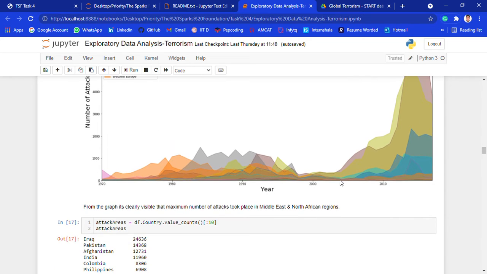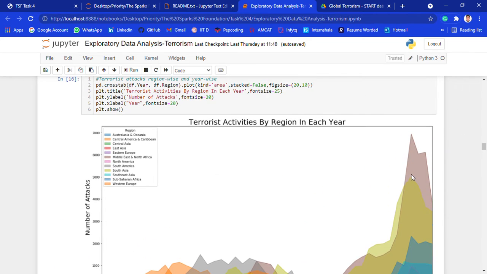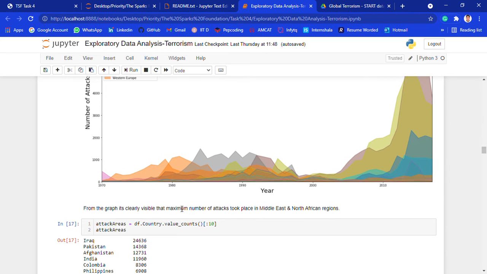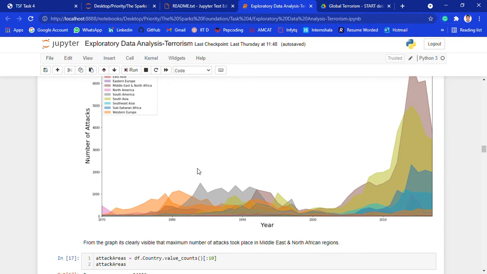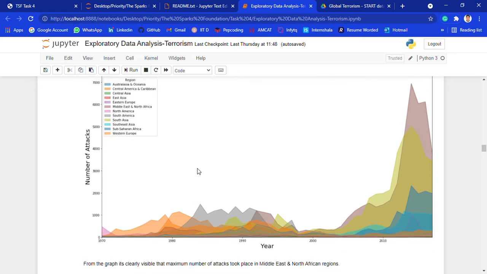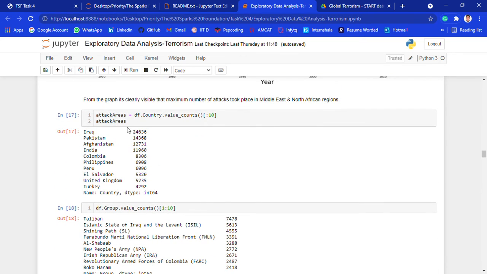With this graph we can clearly see that the purple part, the Middle East and North African region, is the worst affected by terrorist activities, and the countries that face the most terror activities are Iraq, Pakistan, Afghanistan, India, Colombia, Philippines, Peru, and others.